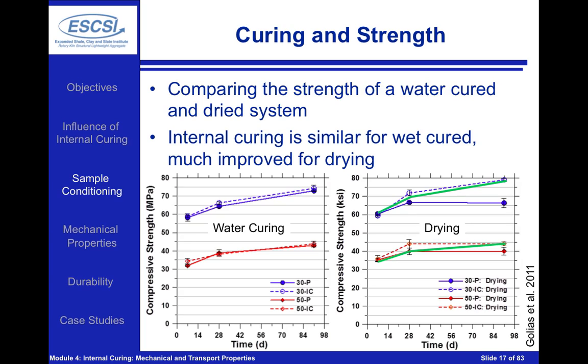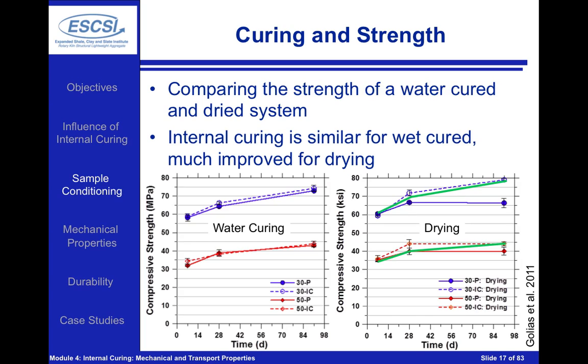in these systems. Again, the solid line represents the plain system, the dashed line represents internal curing, and what you can notice is when the systems are water cured, we get a very similar response for both the 0.3 case, which is shown in blue, and the 0.5 water to cement ratio, which is shown in red. That's not surprising.